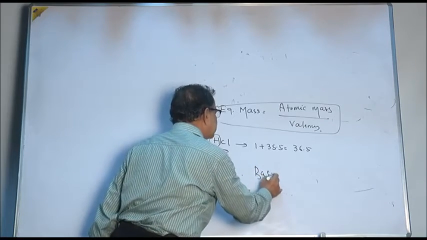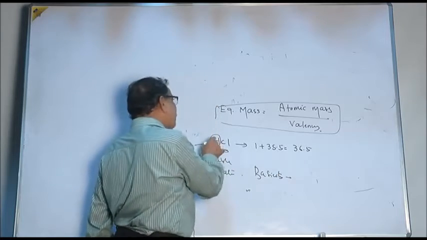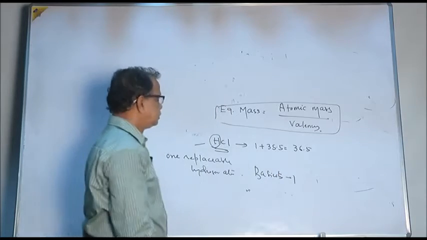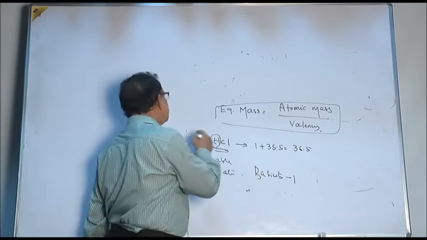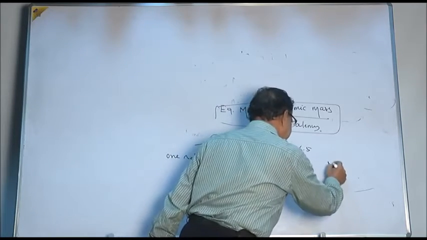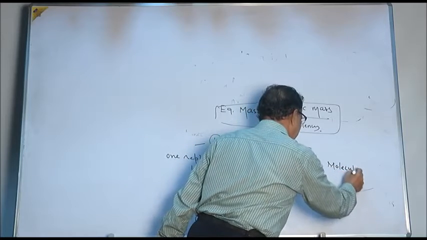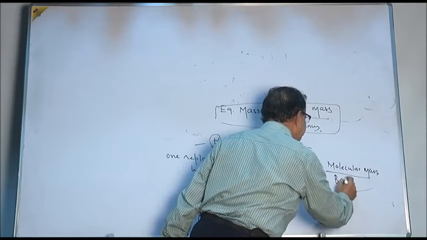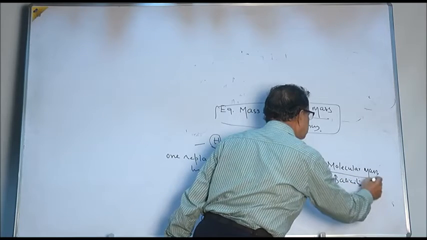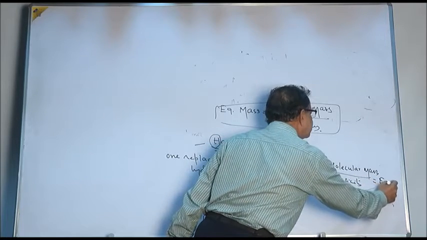So the basicity is 1. The molecular mass of the acid by basicity is called the equivalent mass of the acid.